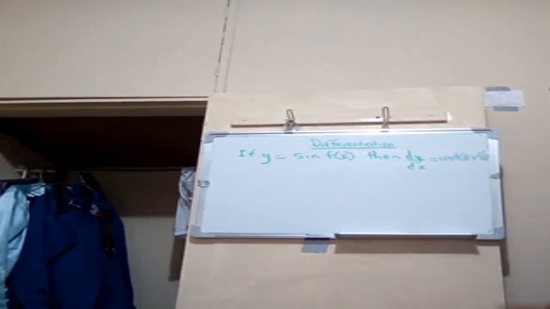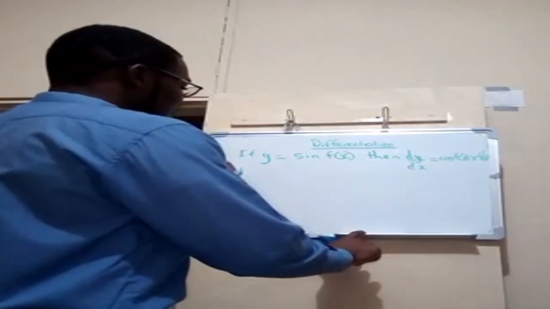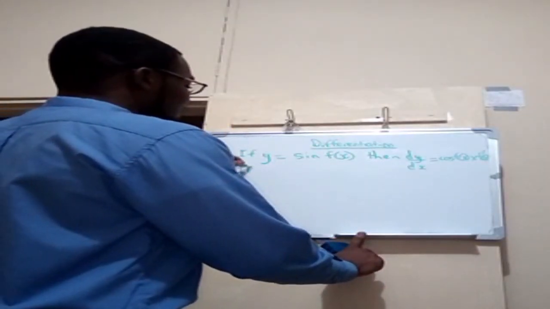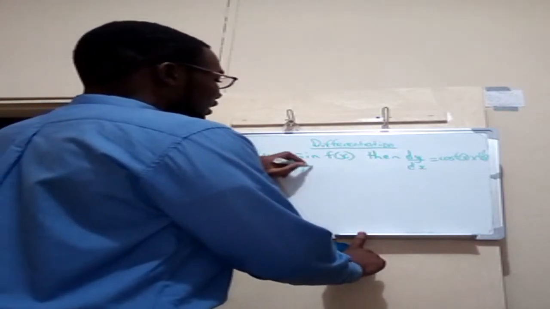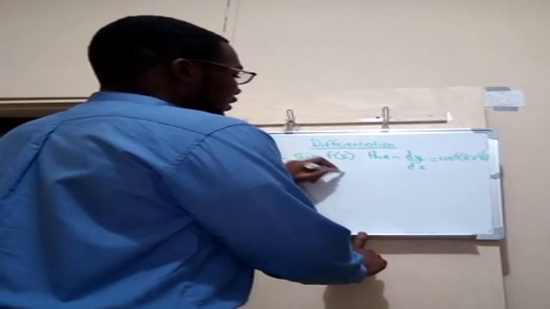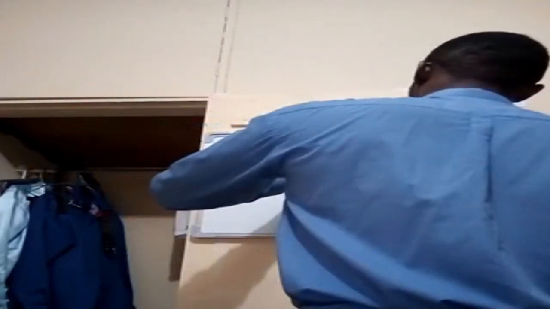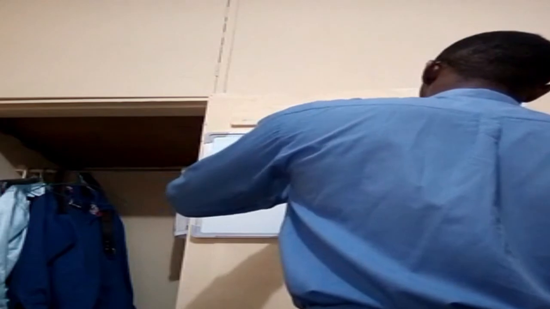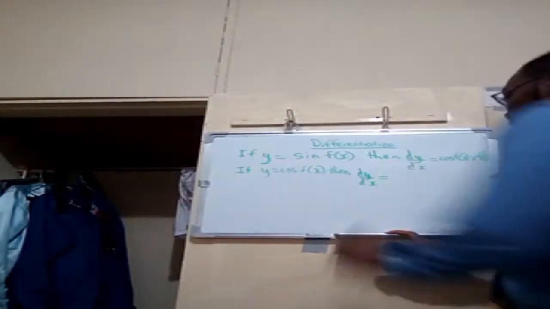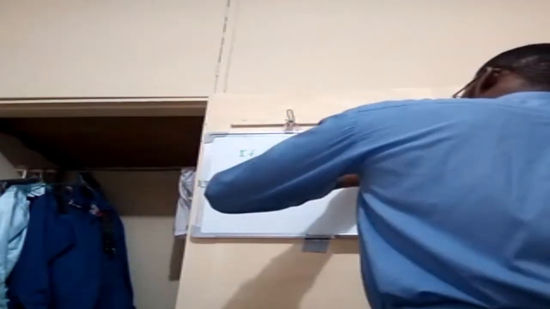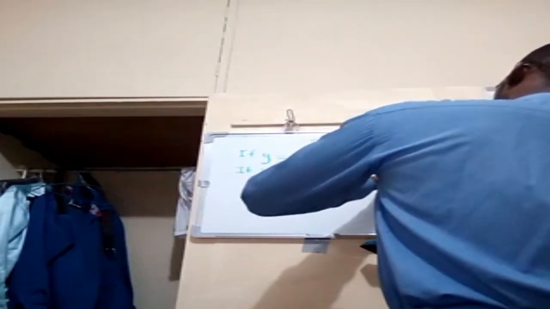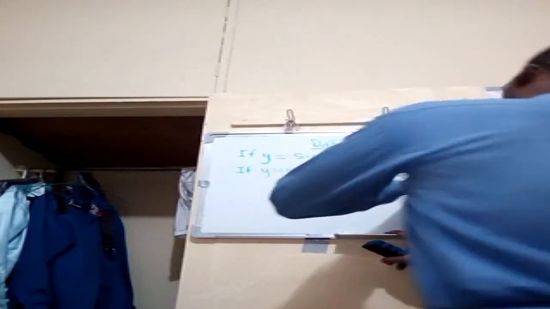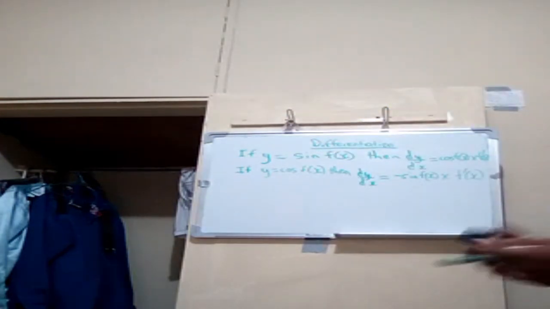This right here is f prime of x. So that's how we differentiate sine. To differentiate cosine is absolutely the same thing but with a minus sign. If y is equal to cosine of a function of x, then dy by dx is equal to minus sine f of x times f prime of x. That's how we differentiate cosine.